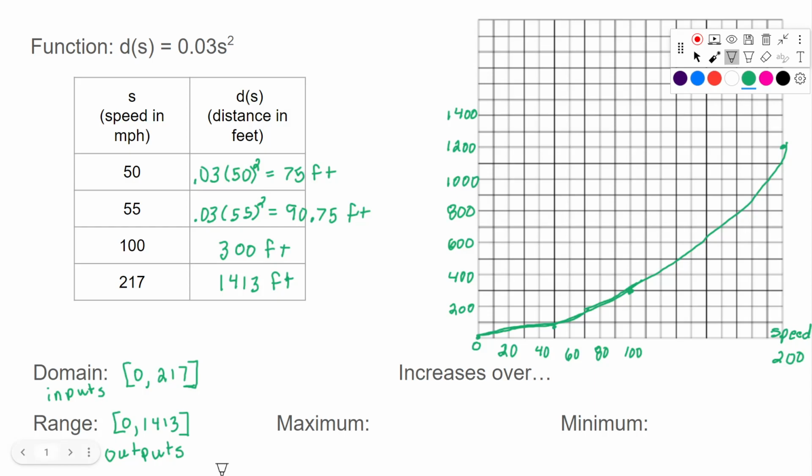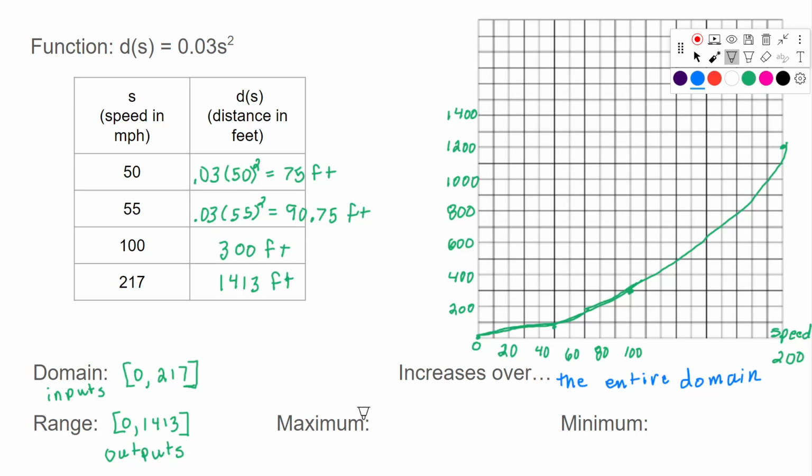We can also describe this as increasing over the entire domain because it's always increasing. The faster the car goes, the longer it's going to take to brake.